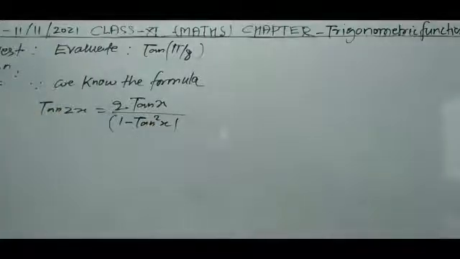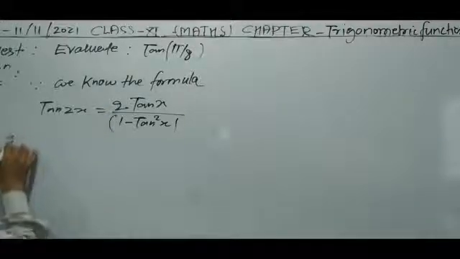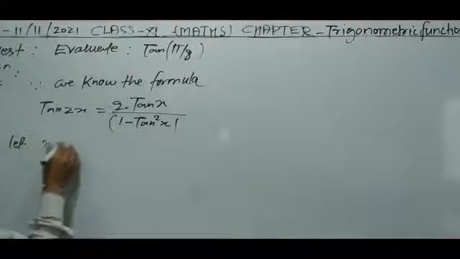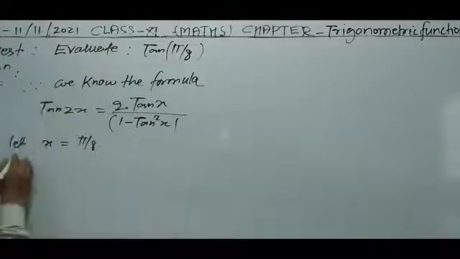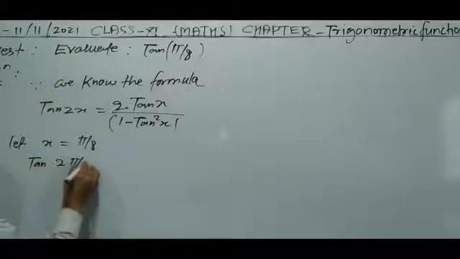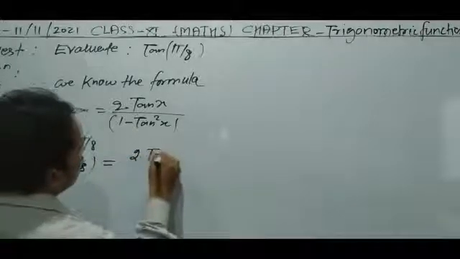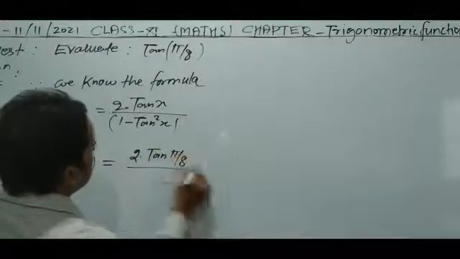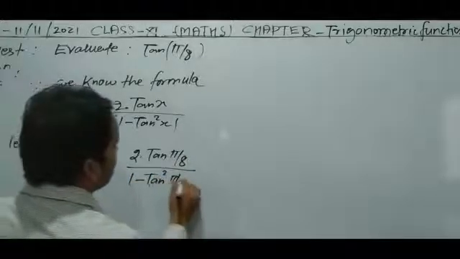Now we are going to consider x is equal to pi by 8. Now tan of 2 times pi by 8 is equal to 2 times tan of pi by 8 whole upon 1 minus tan square pi by 8.